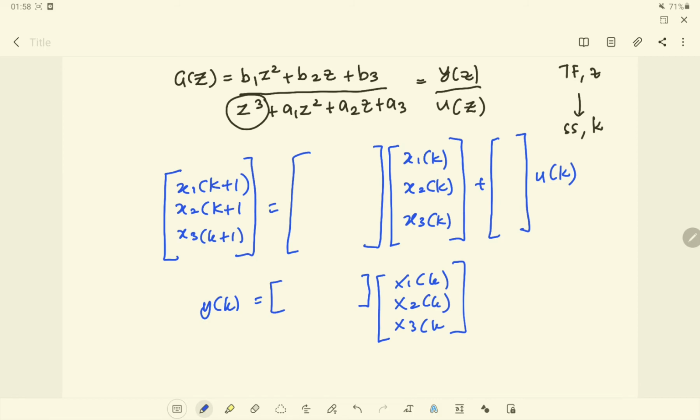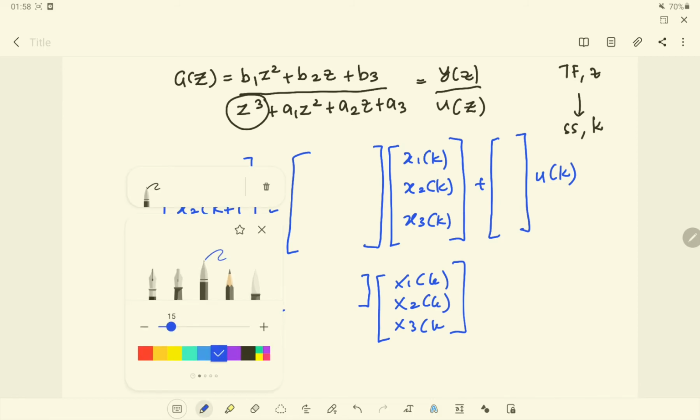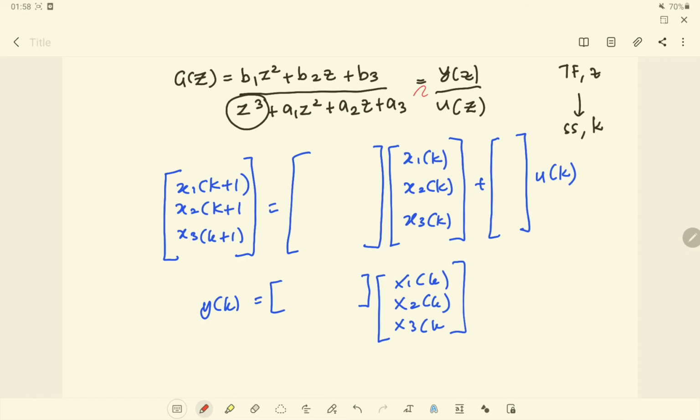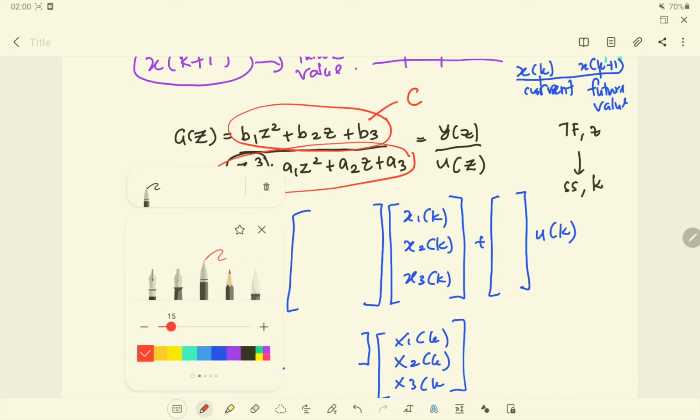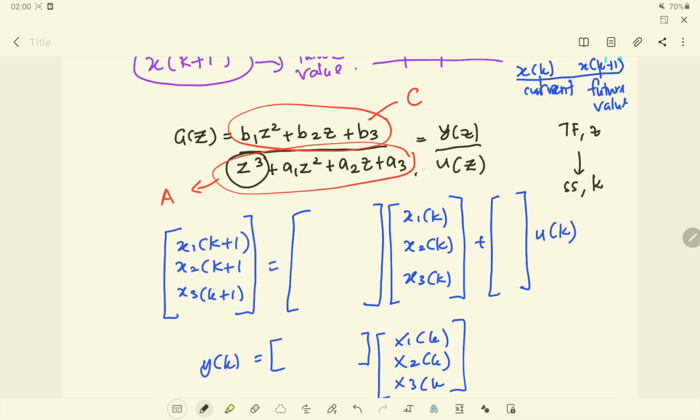And if you still remember, the denominator represents matrix A, while the numerator is for matrix C. The same goes for the digital form. You have to write it from right to left from here.